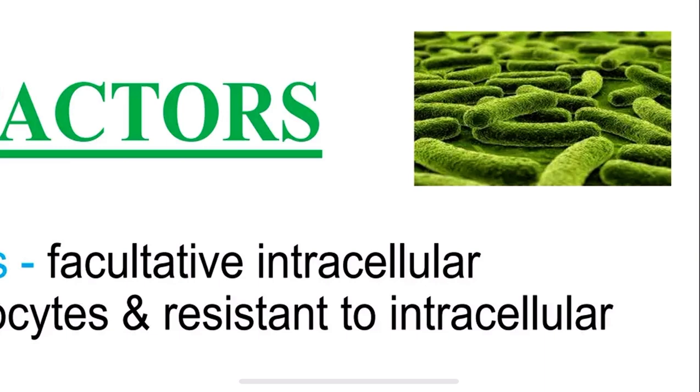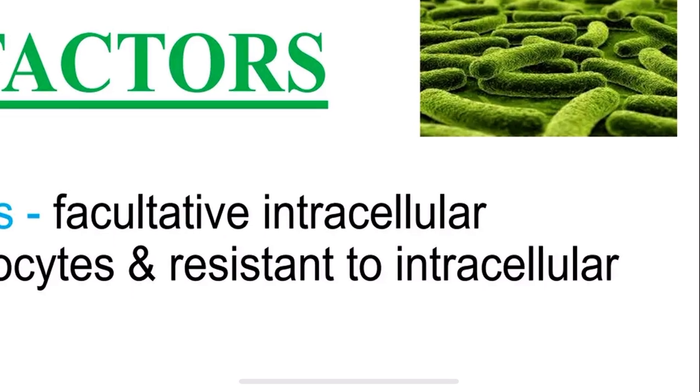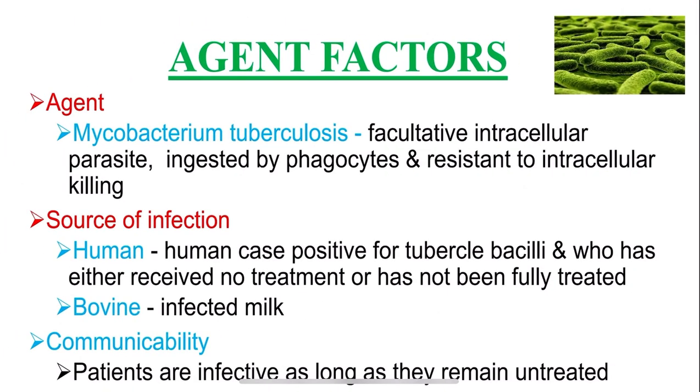Since it is an intracellular parasite, once it is infected, it will be ingested by the phagocytes and it becomes resistant to the intracellular killing. You can see the facultative intracellular parasite ingested by phagocyte and it is resistant to the killing.